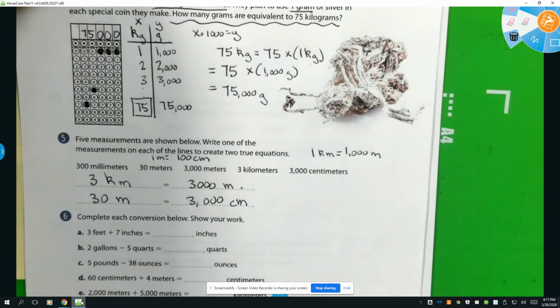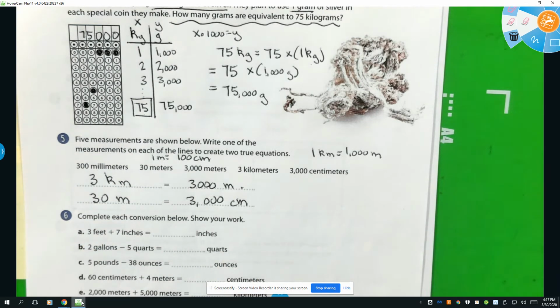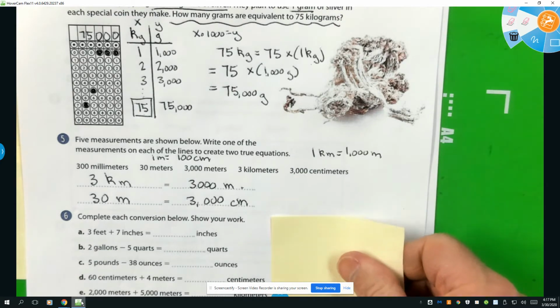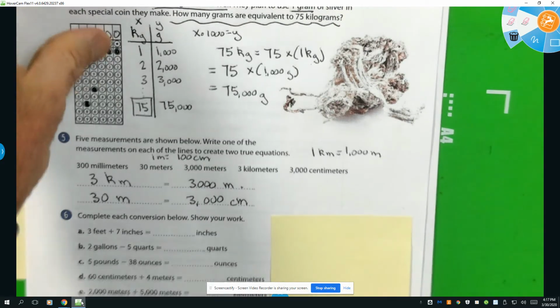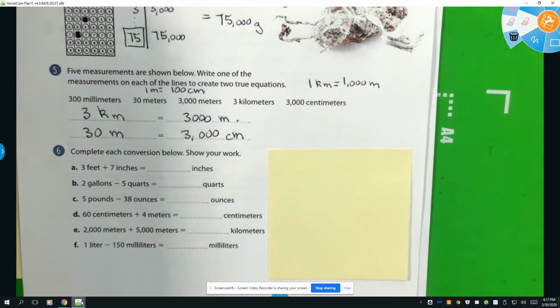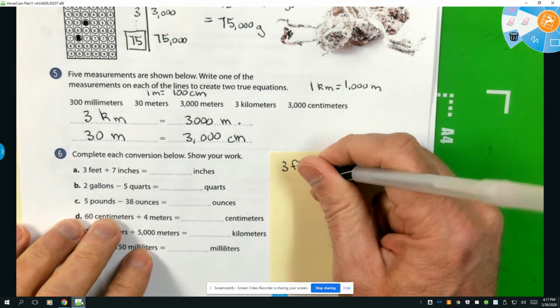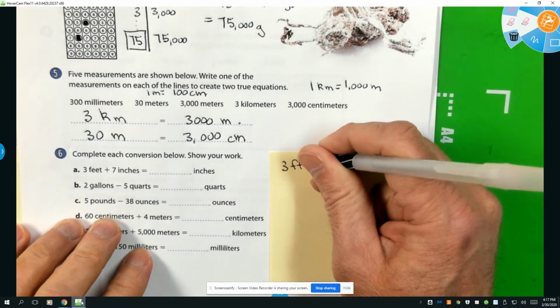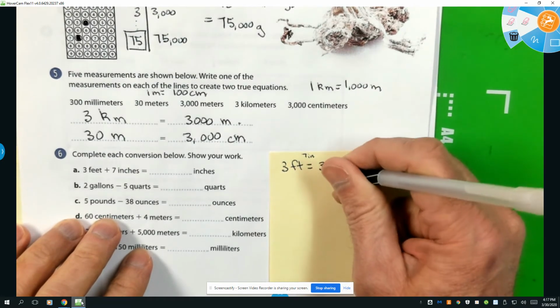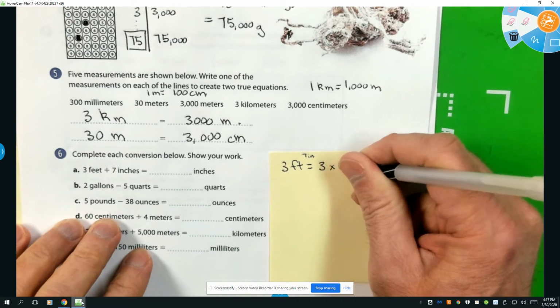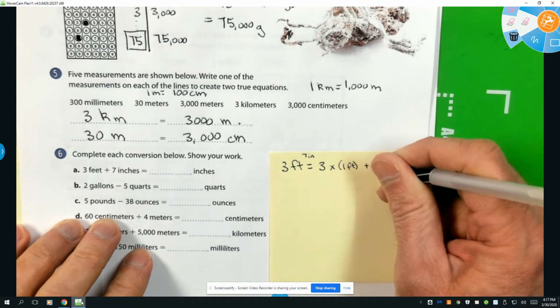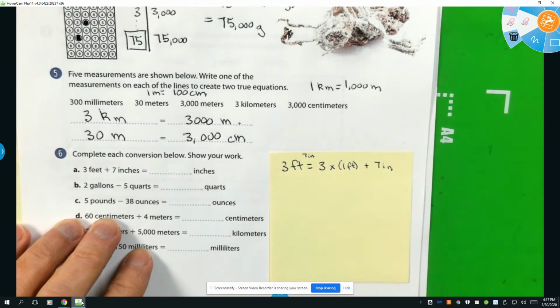Let's move on. So 3 feet, 7 inches. Okay, so we're just going to do these on the side. Expect to have a couple of these appear on your Ed puzzle. So 3 feet, 7 inches equals how many inches? Okay, so I'm just going to start with 3 feet, 7 inches equals 3 times 1 foot plus 7 inches.